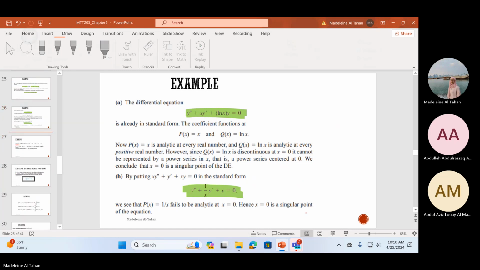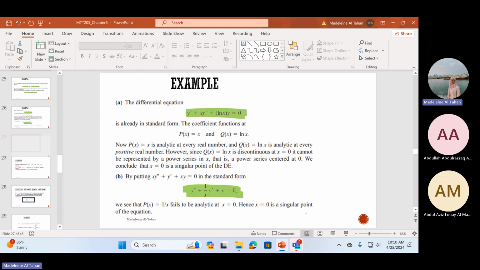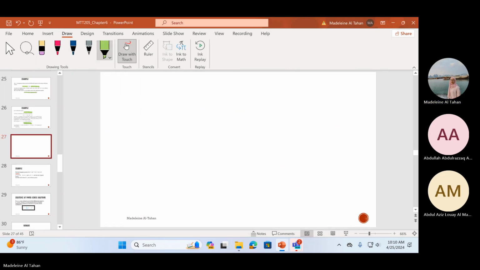Okay, what do you think about this one, and then putting another example? Let me just write the example.